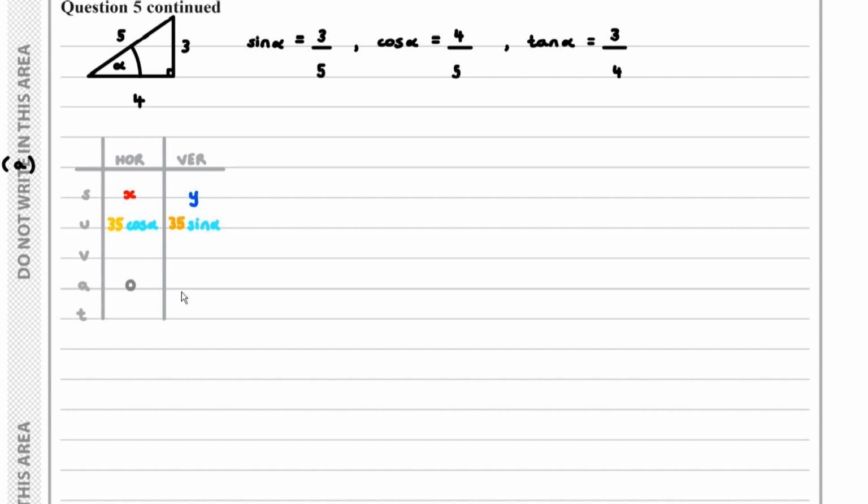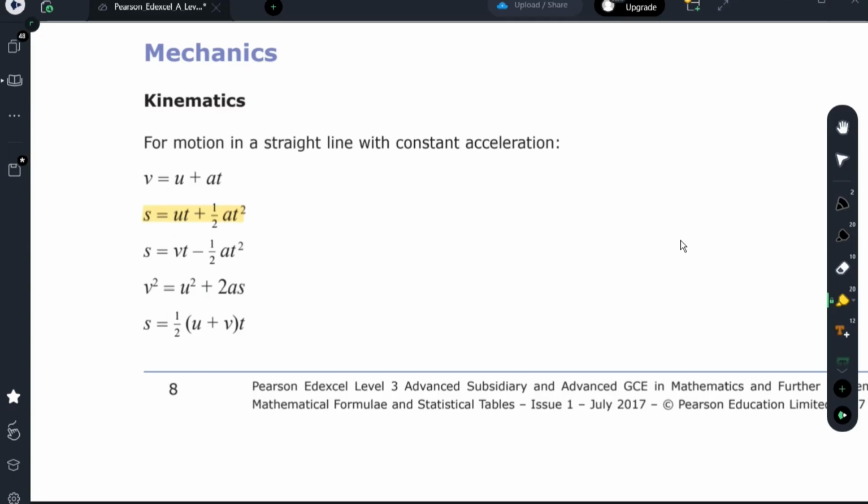Horizontally, a is equal to 0. Vertically, a is equal to -9.8. And horizontally, t is equal to t. Vertically, t is equal to t. We are required to use the SUVAT equation s equals ut plus 1/2 at squared both horizontally and vertically.